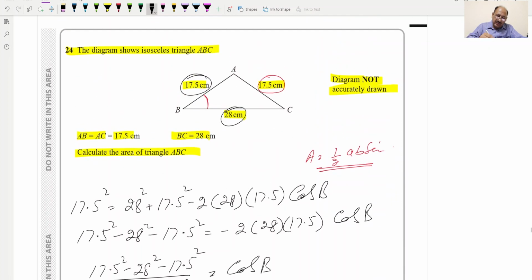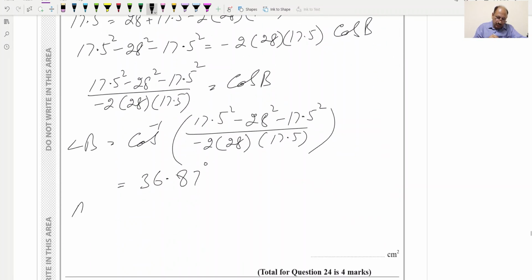Now we got this angle 36.87. Now we can use this formula half into AB sine C. So area will be equal to half into AB.